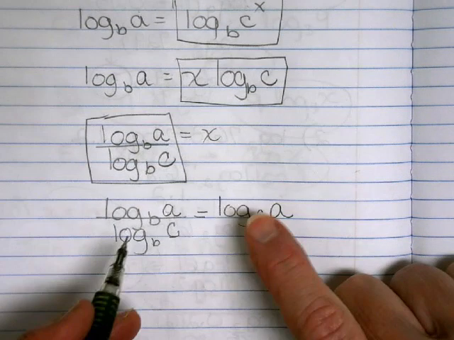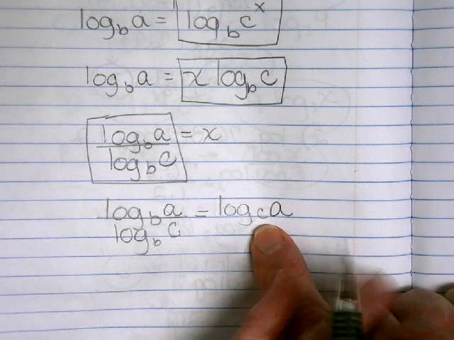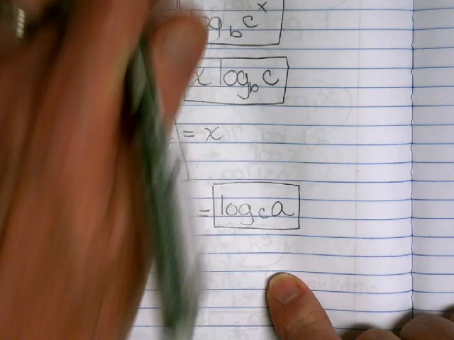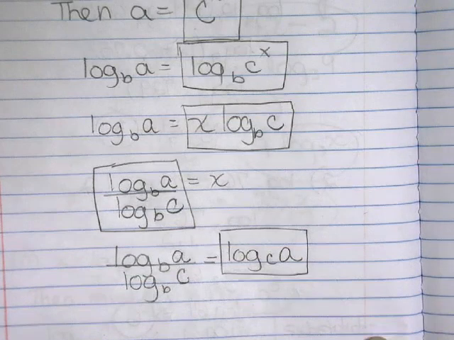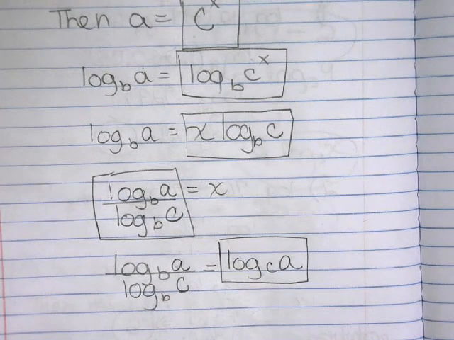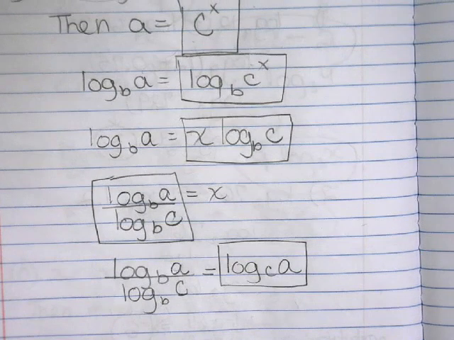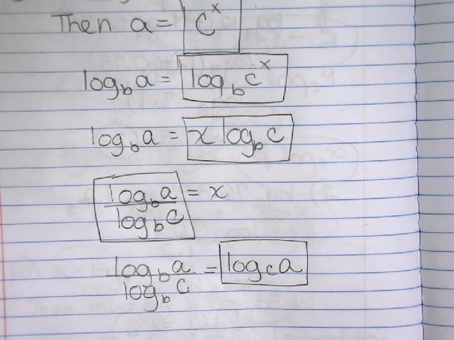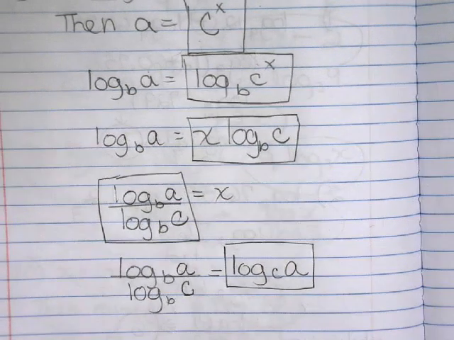Different base. A is now what I'm taking the logarithm of, and c is what I'm taking the logarithm of down there. So again, you just proved it for all real numbers, since we didn't use any numbers in the evidence. It's a proof. It's not just an example.